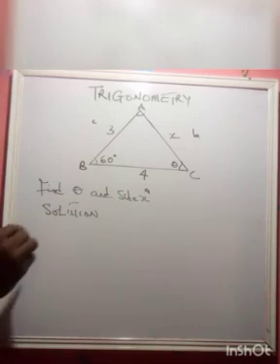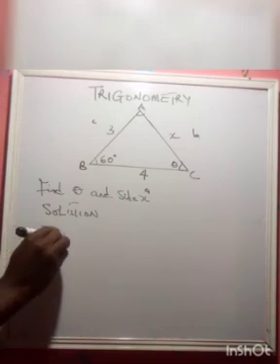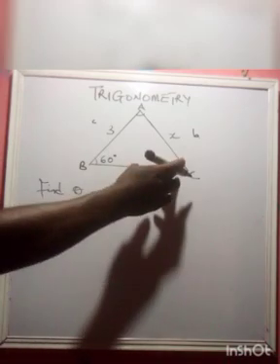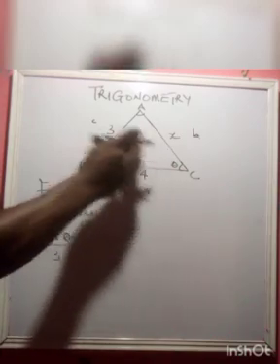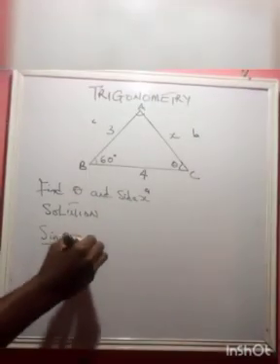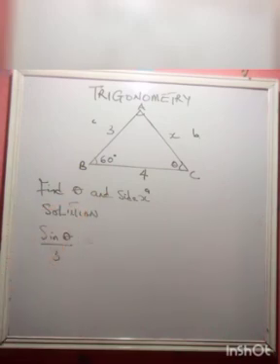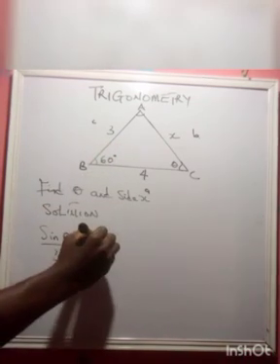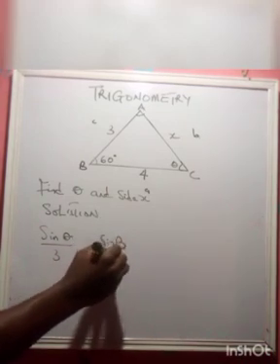So for the sine rule, we have sine theta divided by 3, the side opposite theta, is equal to, since we already know what B is, that is x, so we can just use sine B over x.